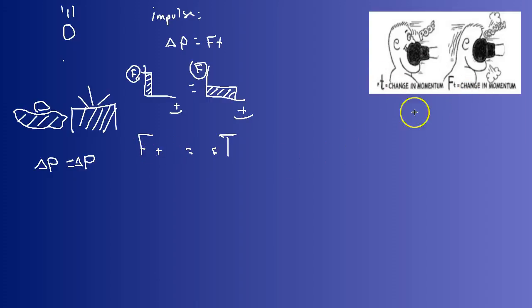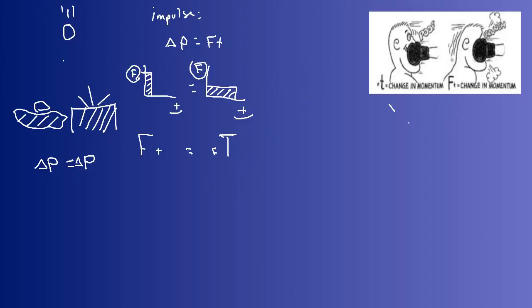Okay, and this cartoon is kind of an example. Someone getting punched in the face, either way, that fist is coming to a stop on their face. But if it takes a long time to do so, that means you're experiencing a small force, and so you have little pain, versus if it is a large force and happens really quickly, which is a lot of pain. Okay, and so that's an important concept here with impulse.